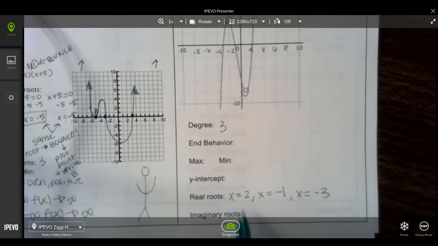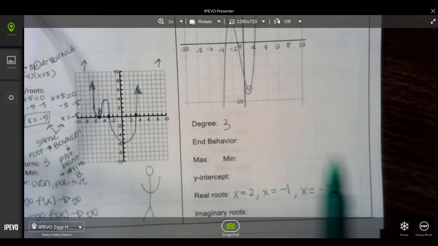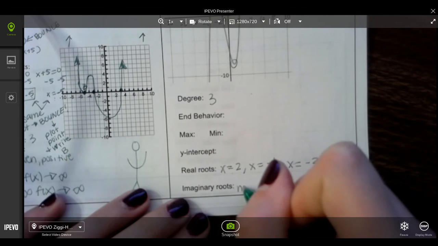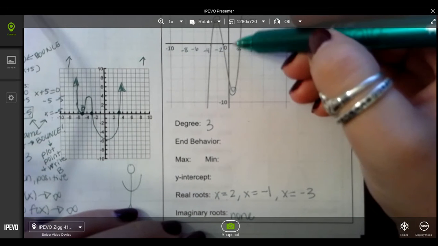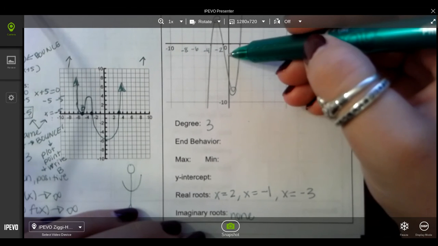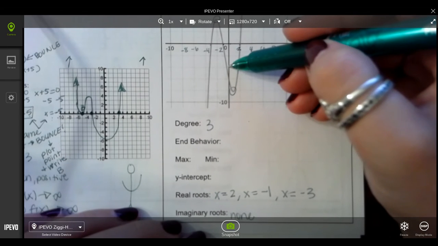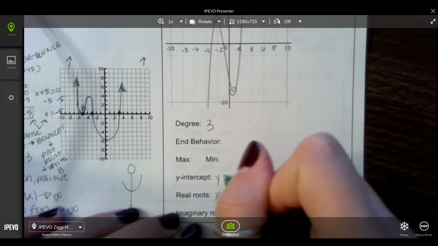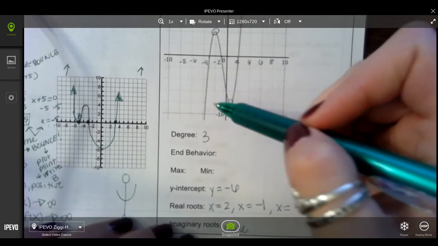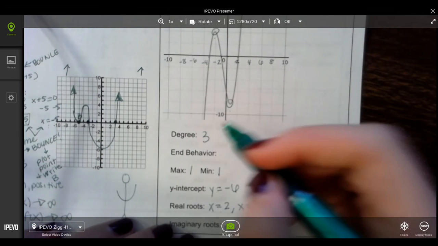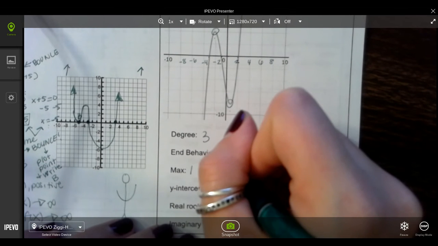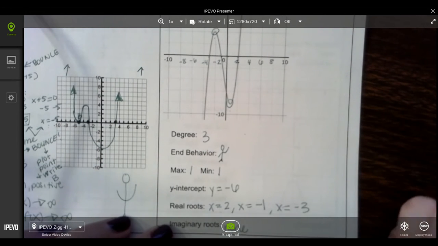And then if I have 1, 2, 3 real roots and I have a degree 3, I have none. I have no imaginary roots. My y-intercept is down here at -2, -4, -6. I have 1 max and 1 min. And then end behavior. Looks like this monkey dude. Okay.